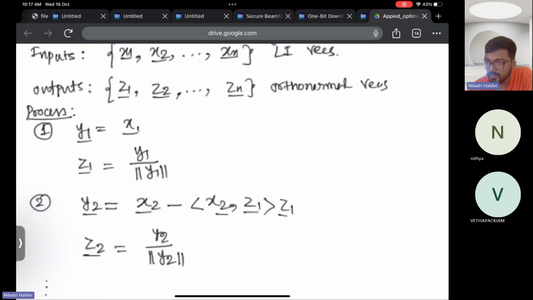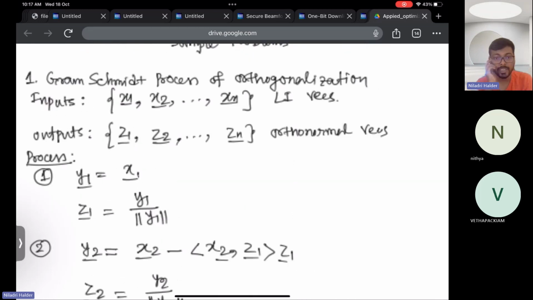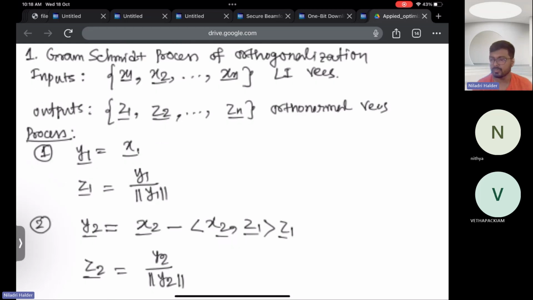In that process, suppose the inputs are x1 to xn, which are linearly independent vectors, and the outputs are z1 to zn, which will be orthogonal vectors. At the first step we take y1 equal to x1, and z1 equal to y1 by norm of y1, because for orthonormal vectors the norm is unit.